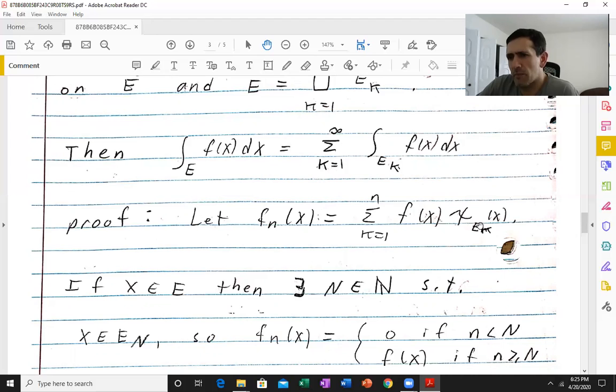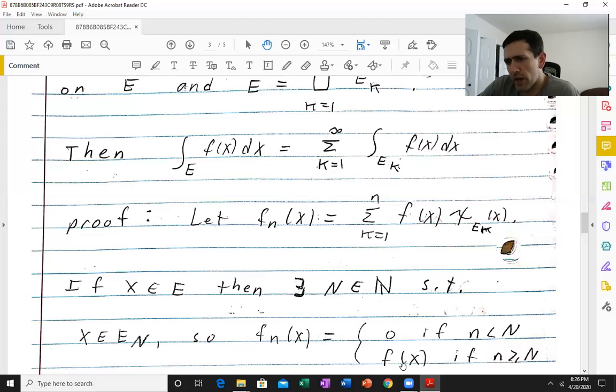If k is not big N, then the characteristic function of Ek is 0. So in particular, if little n is less than big N, then none of these are E big N, because k is between 1 and little n, which is less than big N. So all of these characteristic functions are 0. So this is 0.